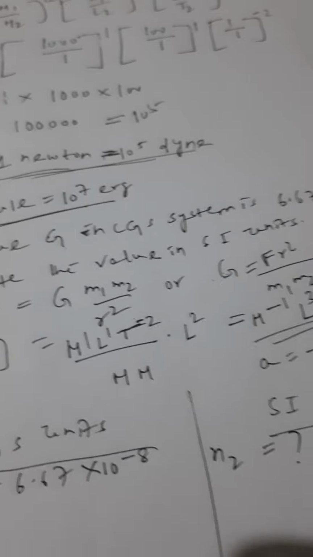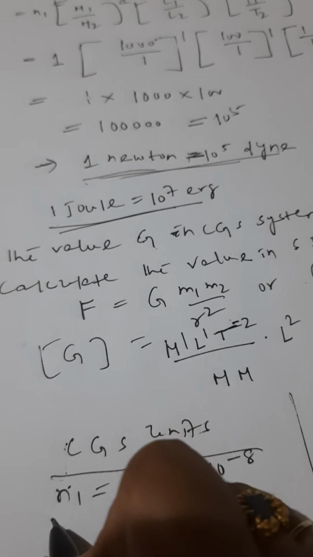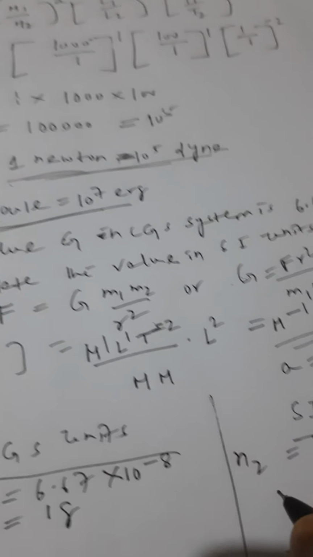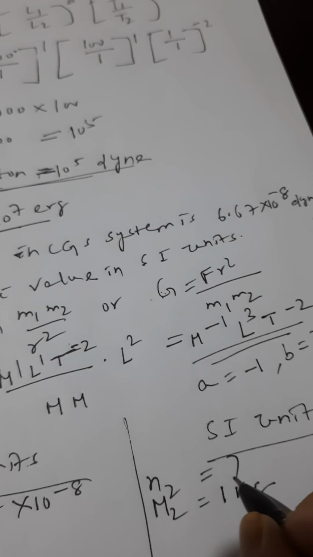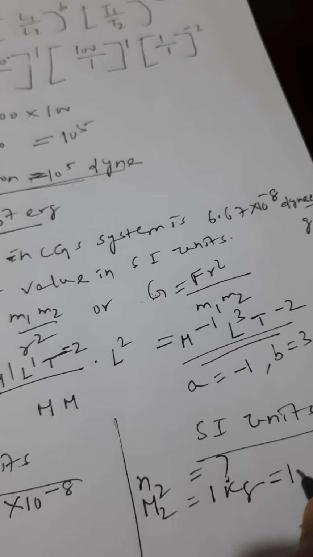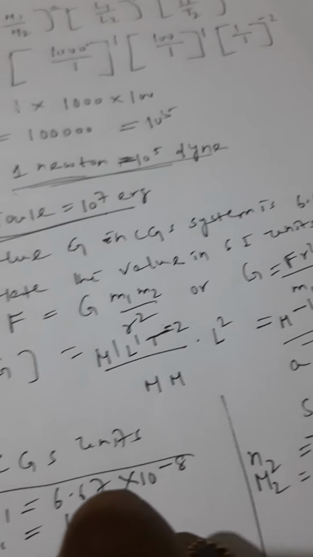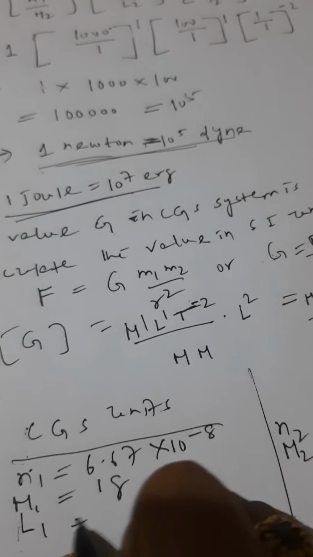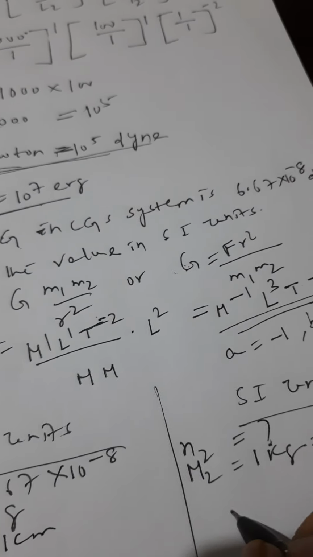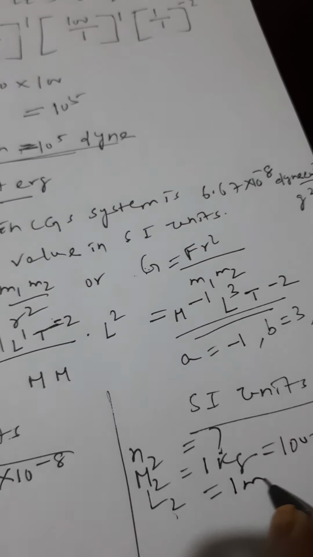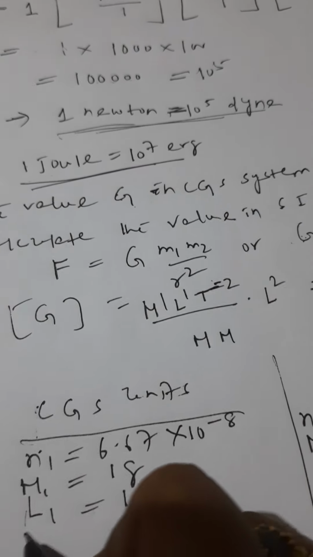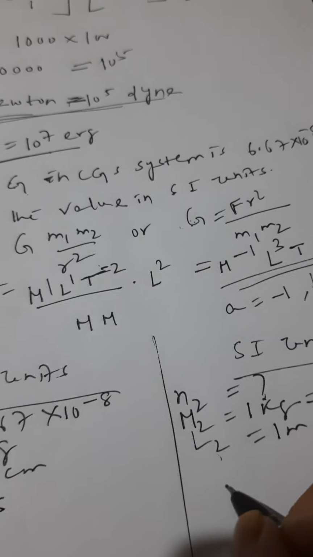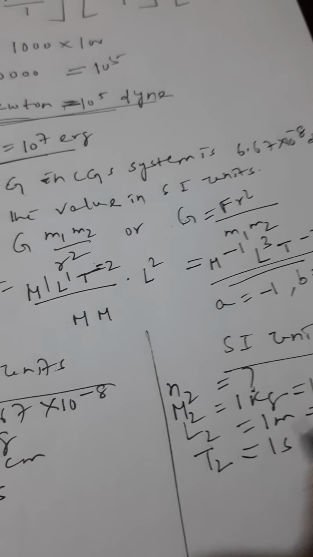N2 is asked. M1 is equal to 1 gram. M2 is equal to 1 kg, which is equal to 1000 gram. L1 is equal to 1 centimeter. L2 is equal to 1 meter, which is equal to 100 centimeter. T1 is 1 second. T2 is 1 second.